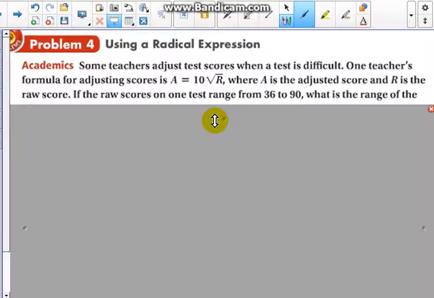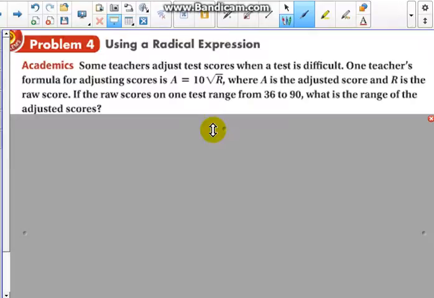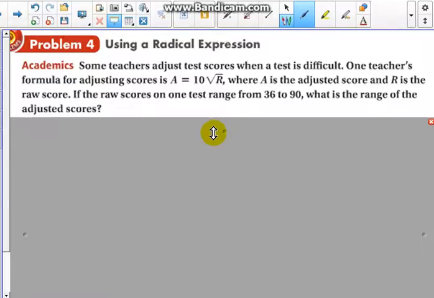If the raw scores on one test range from 36 to 90, 36 being the lowest, 90 being the highest, what is the range of the adjusted scores? So you have to decide what to plug in where. We know our formula is A equals 10 radical R. A is our adjusted score, so that's what we're trying to find. That means R, our raw score, is the 36 and the 90. So we have to do this formula twice, one for 36 and one for 90.